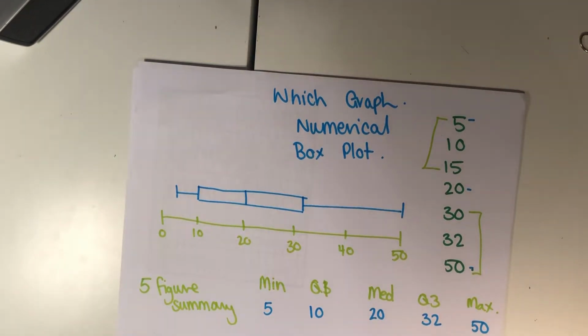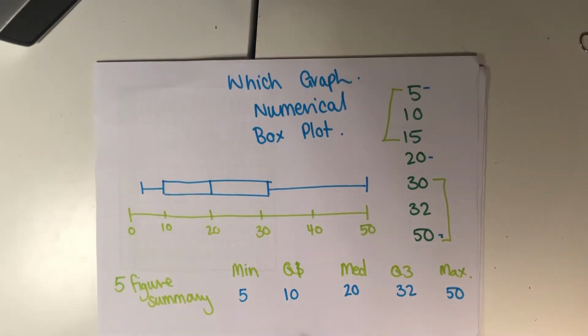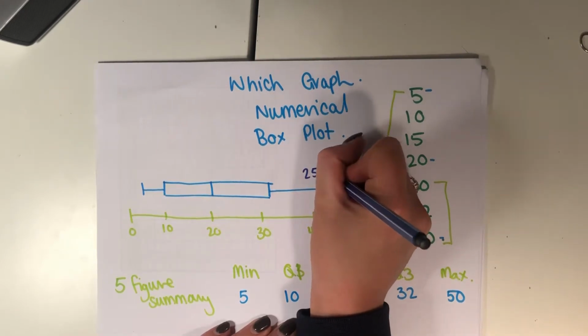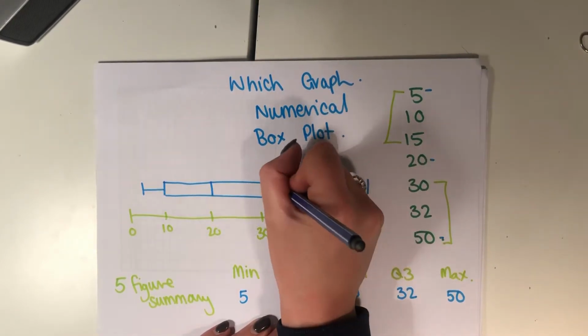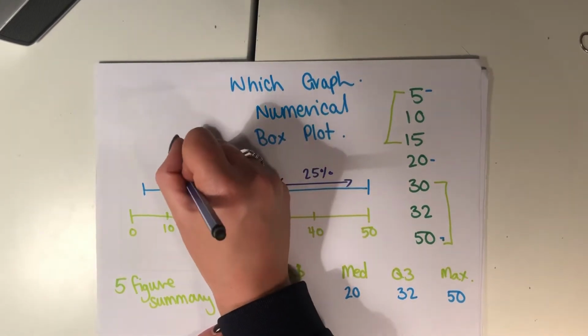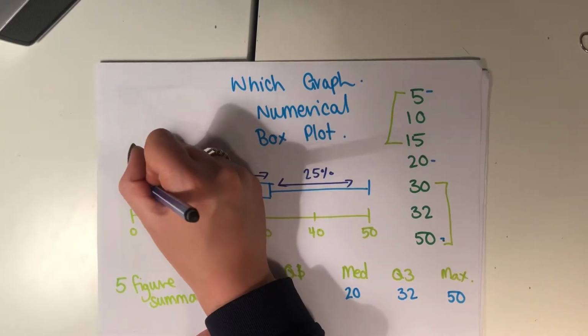This box plot is broken up into segments of 25%. 25% of the data sits in here, 25 is in here, and 25, and 25, and 25 is in there.